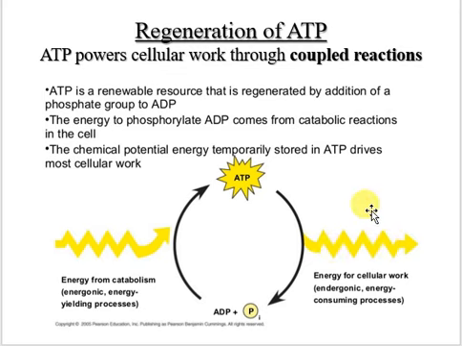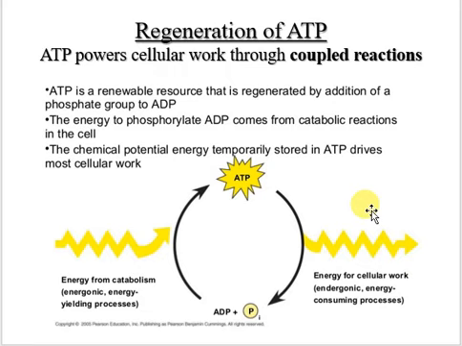So again, it's very much like the coupled transport that we talked about with secondary active transport, where the passive diffusion of one molecule generates the energy that's used to transport another molecule up its concentration gradient. It's, again, the same concept here. The energy that's released from an energy yielding process is used to generate ATP.